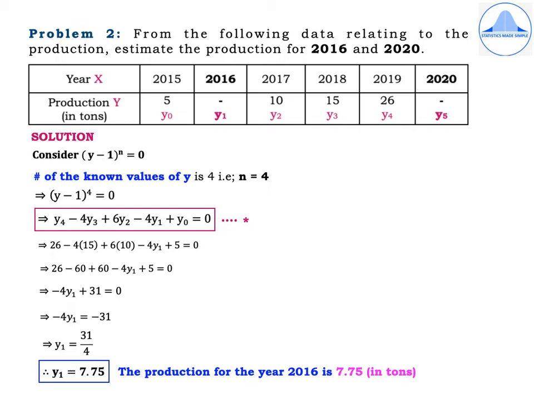The minus signs get cancelled on both the sides, which implies Y1 is equal to 31 by 4. Therefore, Y1 is equal to 7.75. That is, the production for the year 2016 is 7.75 in tons.